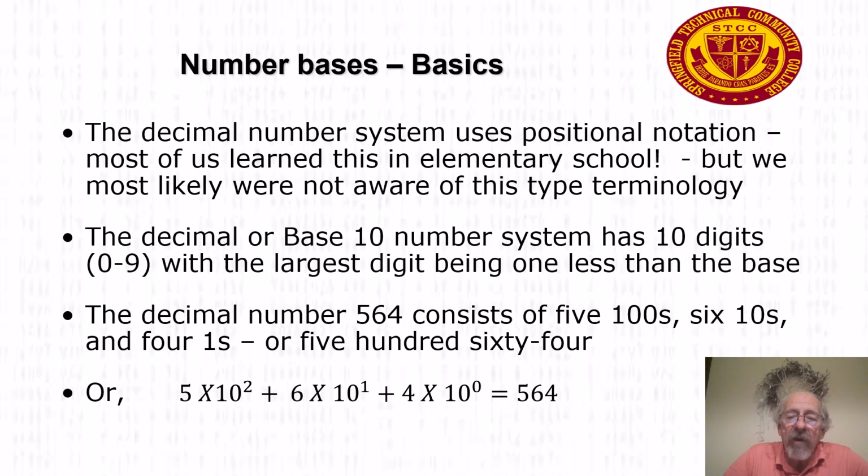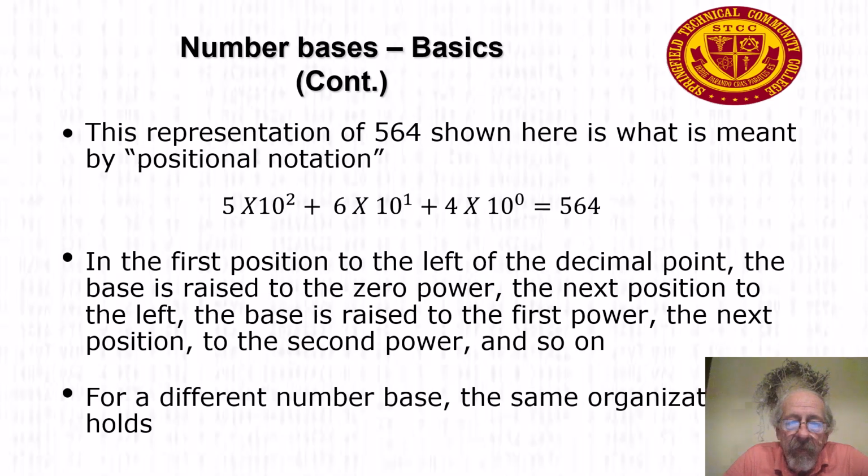You add those up, you get 564. Again, that's positional notation. In elementary school, you might remember the teacher telling you, we're going to add up the ones column or the tens column or the hundreds column. So again, this presentation is what is meant by positional notation.